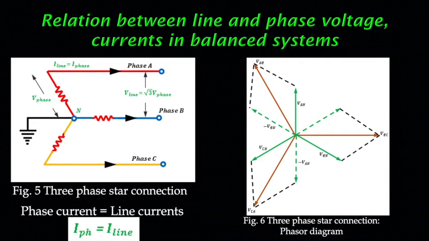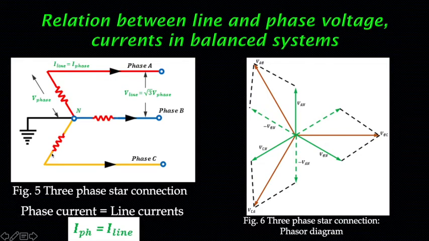If the currents are balanced, then the neutral current is 0. Then this equation is IA plus IB plus IC equal to 0. From the star-connected three-phase system, it is clearly observed that whatever currents flow through the lines A, B and C also flow through the respective phase windings.